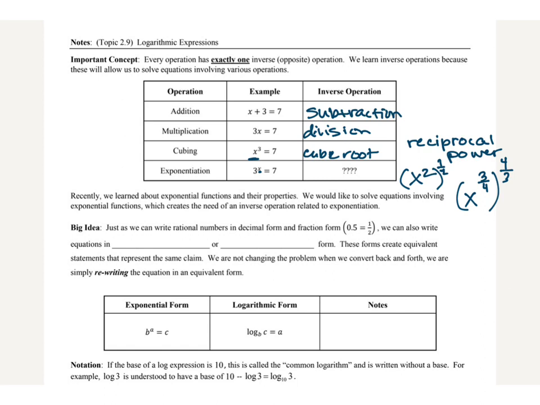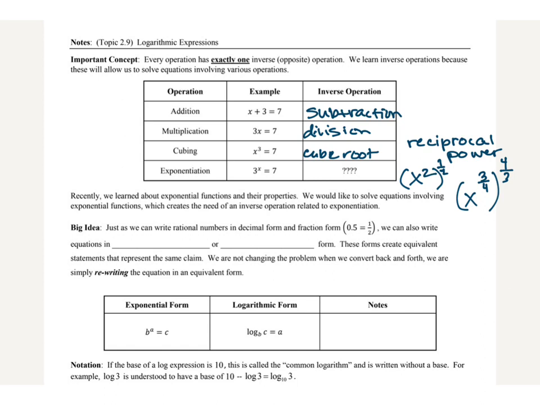Okay, so to undo this exponential business, what'd you say? Log it, right? And you guys know this from last year. I talked to a guy last night in my Facebook group, and he's saying, how do your kids solve these exponential problems if they don't know logarithms?